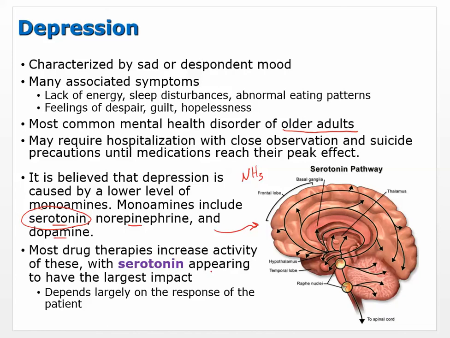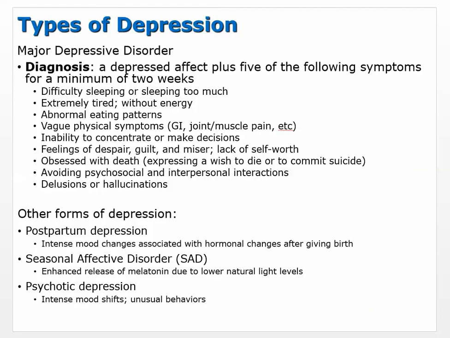And one of the ways that was done is that drugs that increase serotonin levels seem to alleviate depression. It depends largely on the response of the patient, because different patients handle things differently. They react to different medications differently.